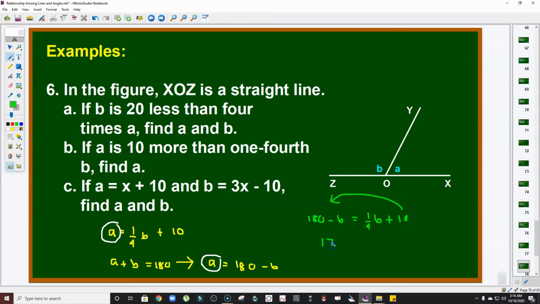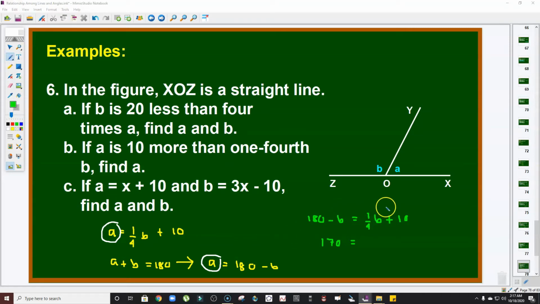So I'm going to have 170. See that? Then yung negative B, ililipat ko sa kabila, magiging positive. Alright? So 1/4 B plus B, or 1/4 plus 1, is actually 5/4, right? So, ganun lang kasimple yan.